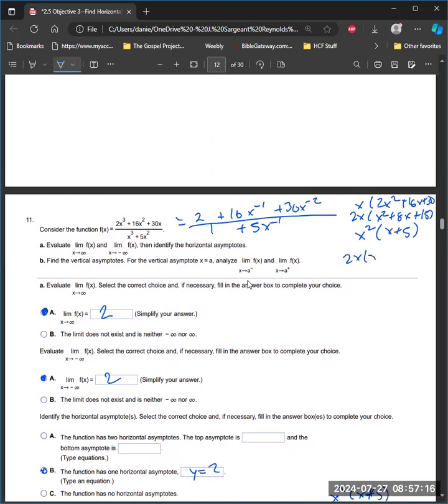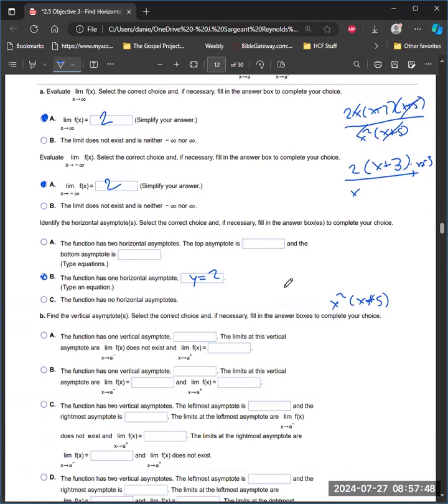It's 2x times x plus 3 times x plus 5. So we have 2x times x plus 3 times x plus 5 over x squared times x plus 5. The x plus 5s will cancel. The x will cancel. I'm left with 2 times x plus 3 over x. x cannot be equal to -5. So there's only one vertical asymptote at x equals 0.